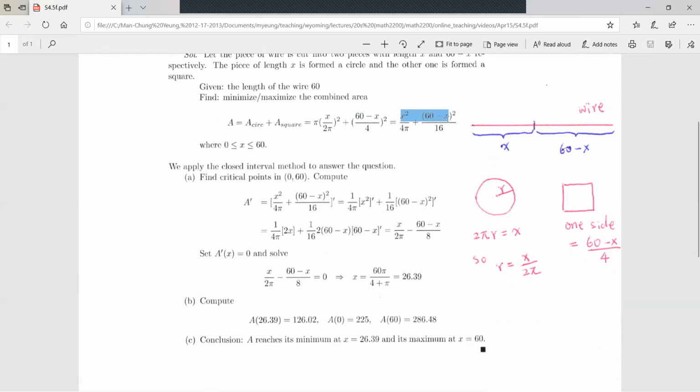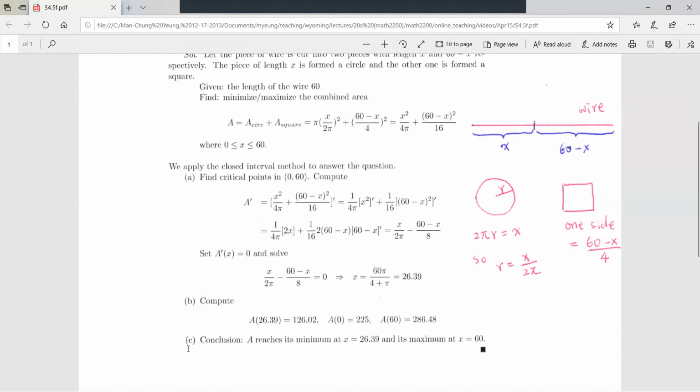Now plug in 26.39 for x here, then we get the function value at that point is this number. Also compute the function value at the left endpoint 0. Plug in 0 for x, then I get this function value. The function value at the right endpoint is this number.